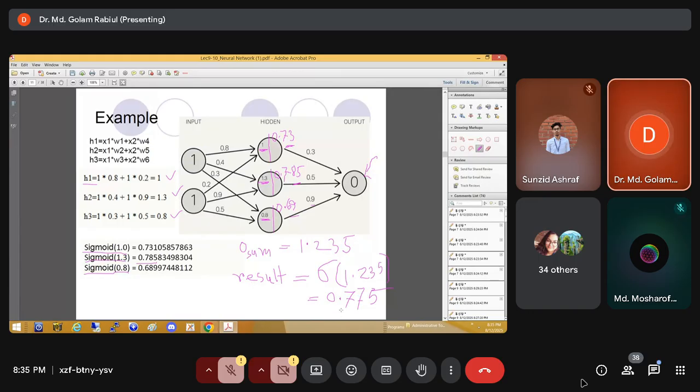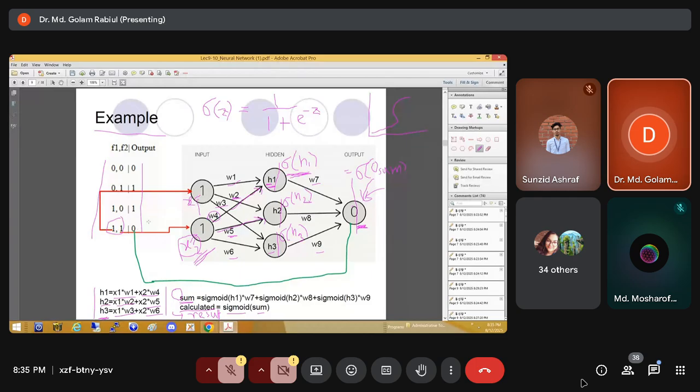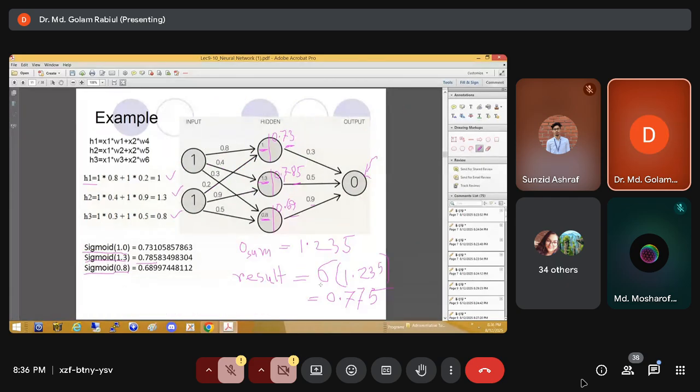But according to our data set, the expected value in the output is 0. The class label here is 0. But according to our model, the predicted output is 0.775.